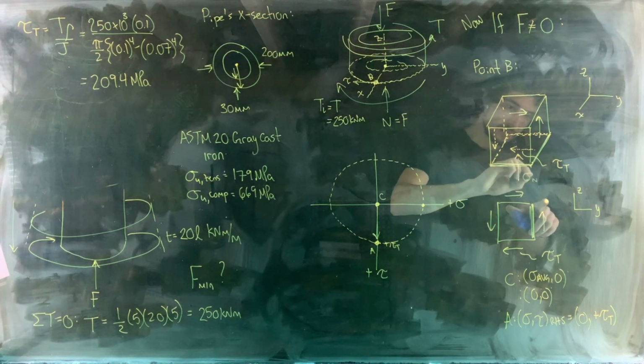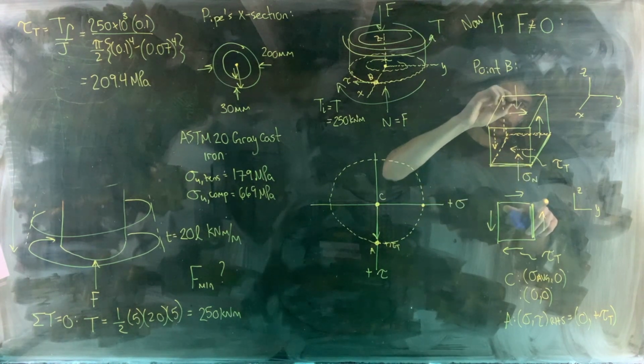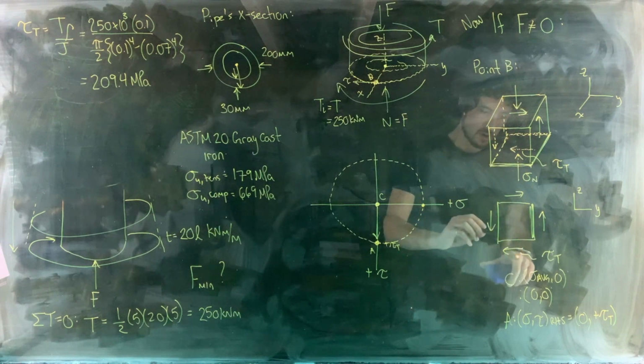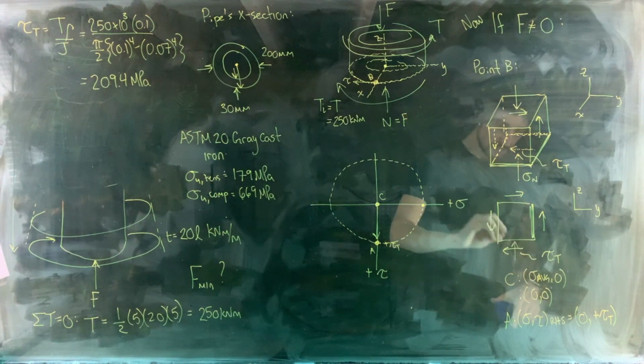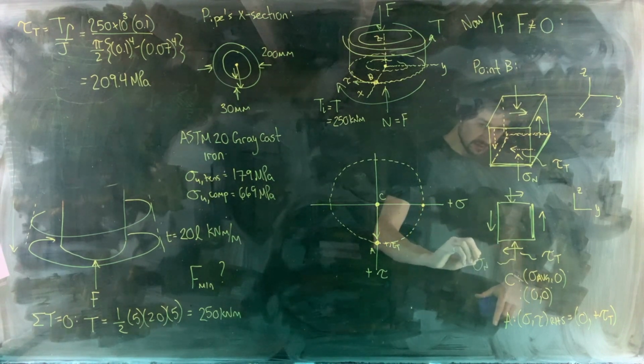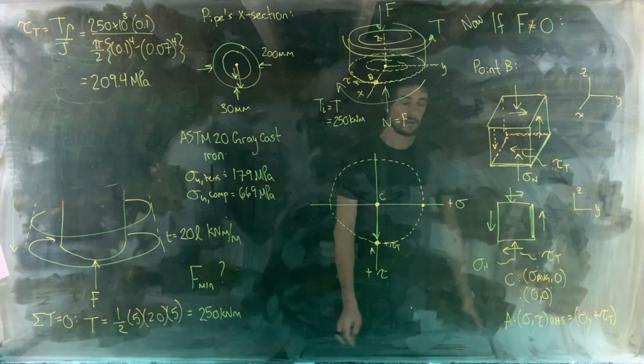Here we've got sigma subscript n, and there's the equal and opposite stress on the top. So now on our in-plane element, we've got a normal stress there, a normal stress there, and this one is our sigma subscript n.